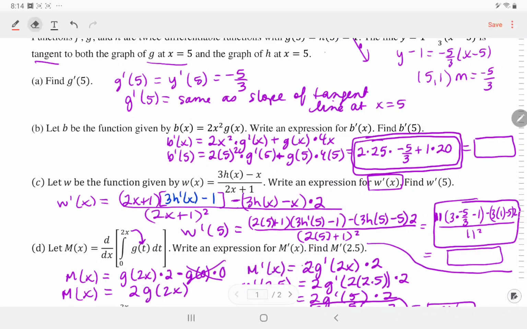Oh, let me fix these. 50, 70. Oh, no, that's 50, negative 150. Let me figure this out so we can check the answers. Negative 150 over 3. Right, so that'd be 10. No, 250. That's negative 250 over 3, isn't it? And this would be, what, 60 over 3? So I think this is negative 190 over 3. 3 doesn't go into the 190.